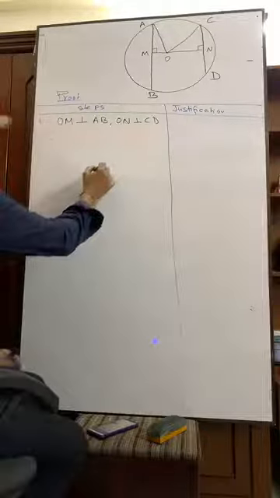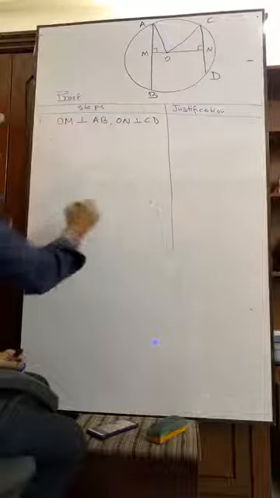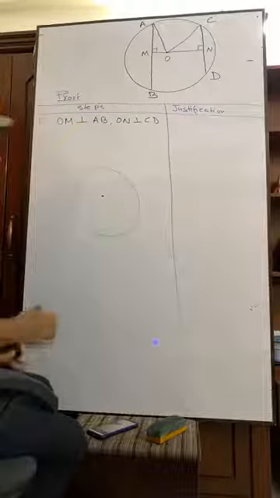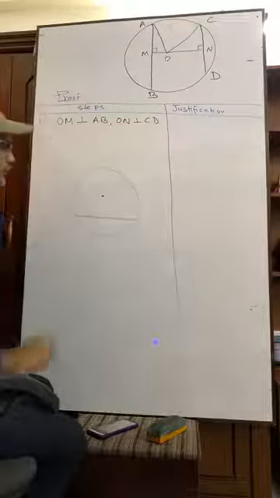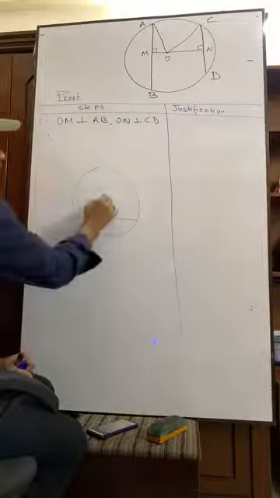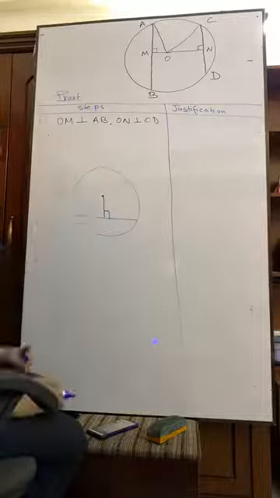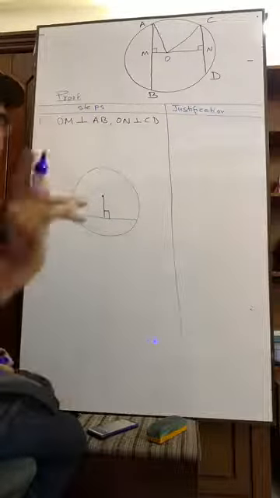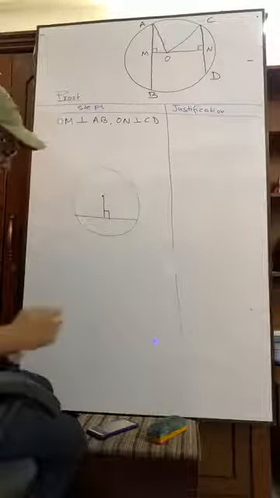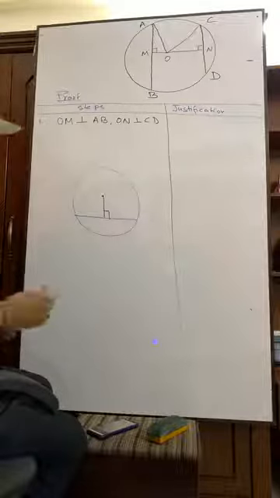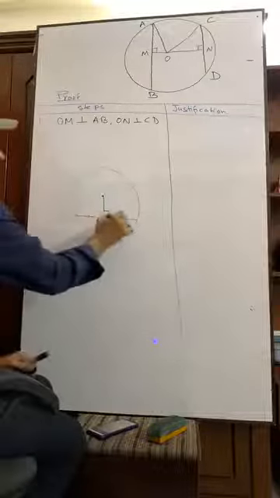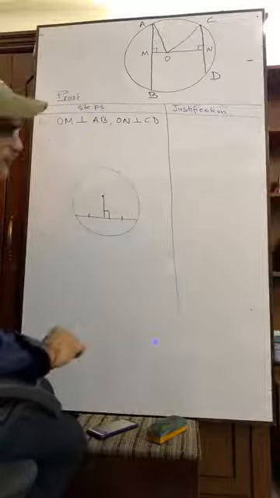Suppose this is a circle, it is the center and it's a chord. If a perpendicular has been drawn from the center to any chord other than a diameter, then what happens, you know? Then this and this are equal.